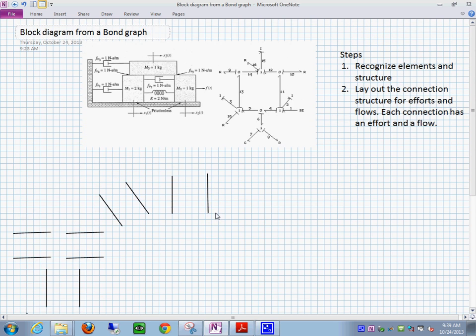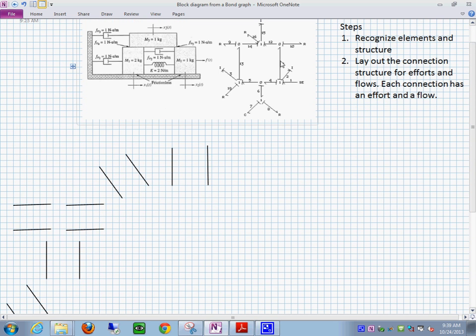Now we need to do the structure for this side, and of course we need this same one. I think we're going to go over here and put it in there, and go down here and put it over here.